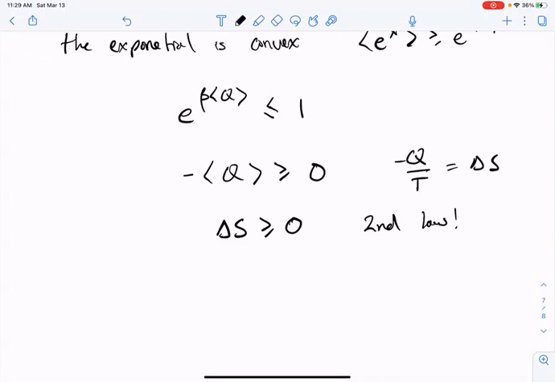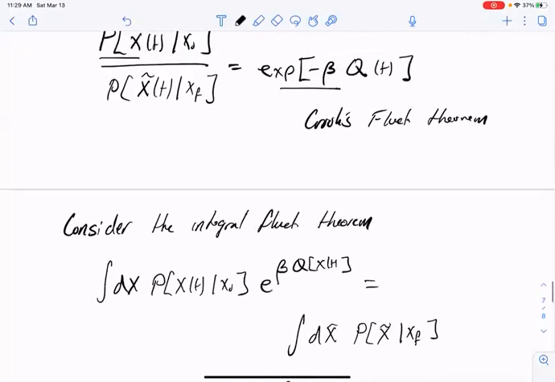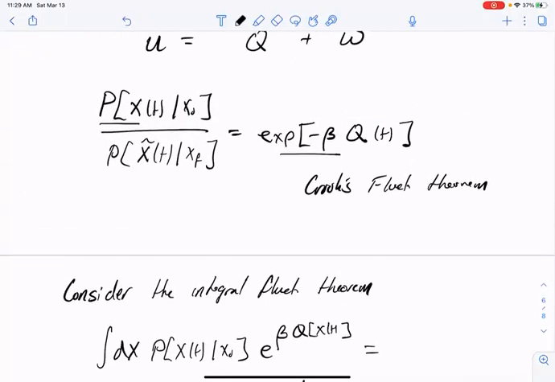If I could tell the difference between a trajectory in the forward direction or one in reverse, it must therefore be that there is a significant amount of heat released. If there's no heat released, the forward and backward trajectories are equally likely. I can't tell the difference between them.